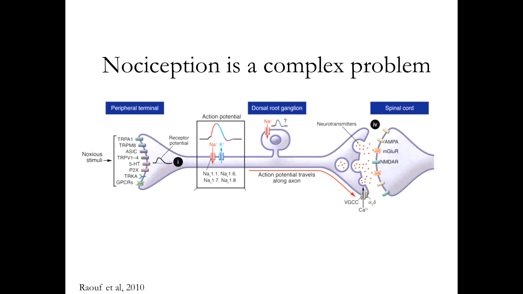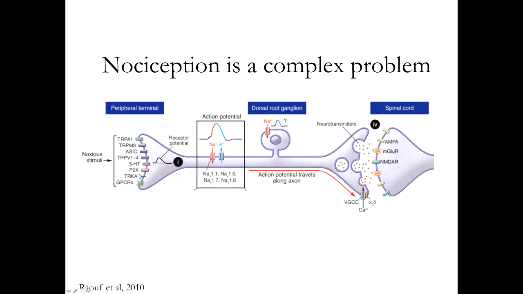So nociception is a pretty complex problem. And I think that this is a really good illustration of what's actually going on. You have the noxious stimuli, whatever it might be. And then you have these different receptors or channels that are triggered based on some of these different excitatory neurotransmitters or peptides.